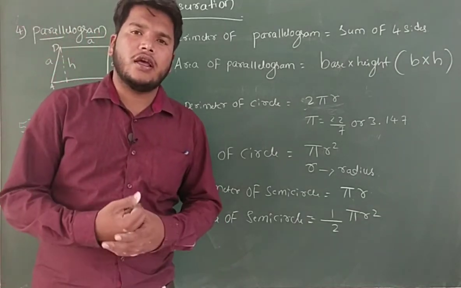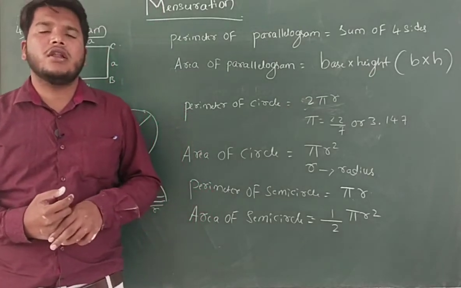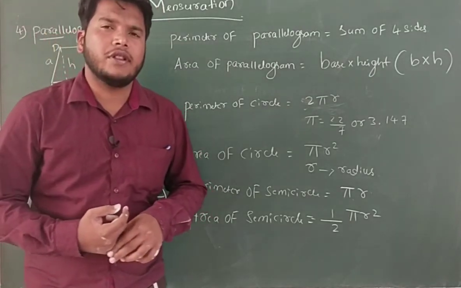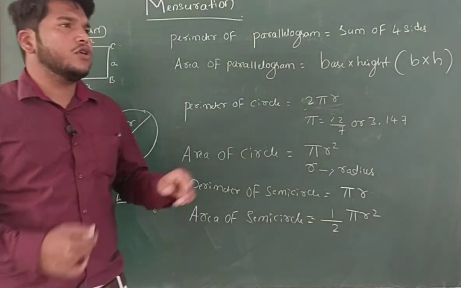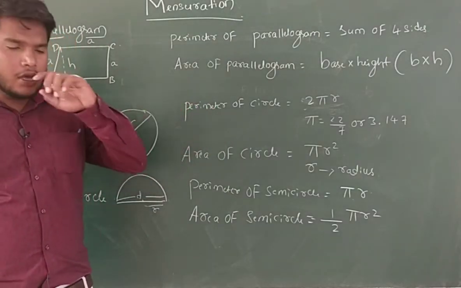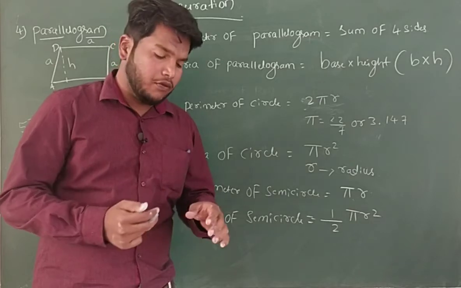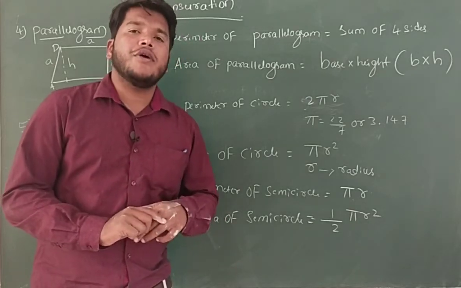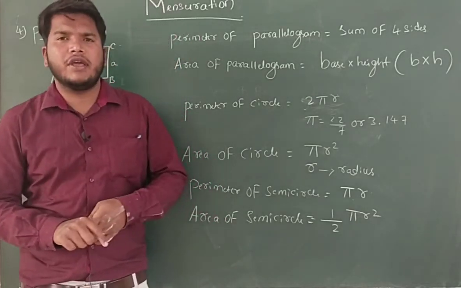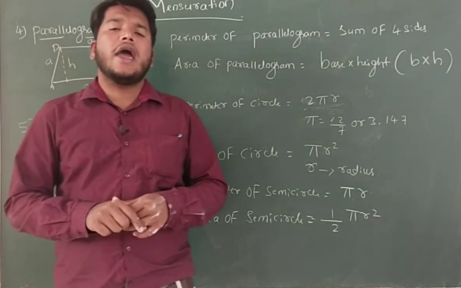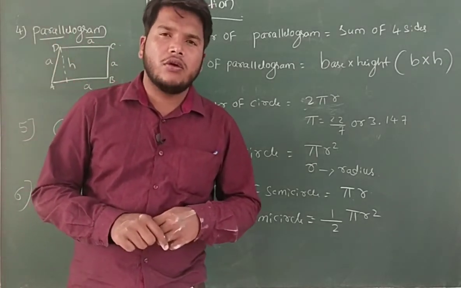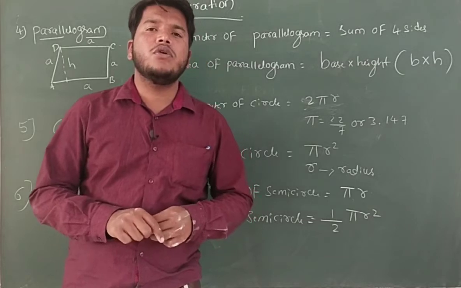Perimeter of rectangle is 2 into L plus B, and area of rectangle is length into breadth. Perimeter of triangle is sum of 3 sides, and area of triangle is half into base into height.